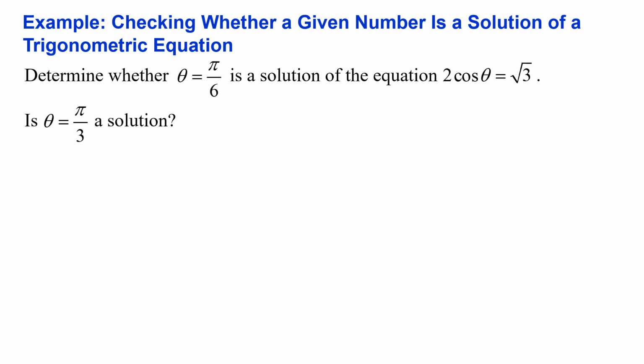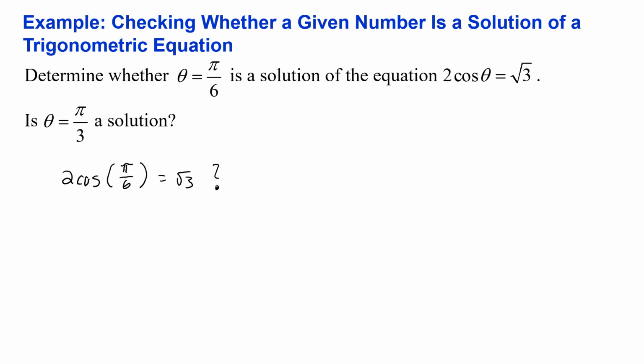Substituting pi over 6 into our equation, we write 2 cosine of the quantity pi over 6 equals square root 3. I like to put a question mark at the end because we're not sure if this equation is satisfied. That's what we're trying to determine. We know that cosine of pi over 6 equals square root 3 divided by 2.